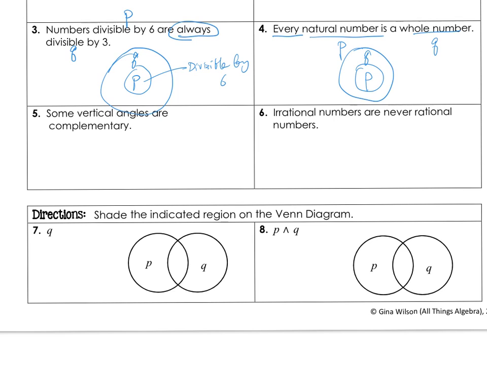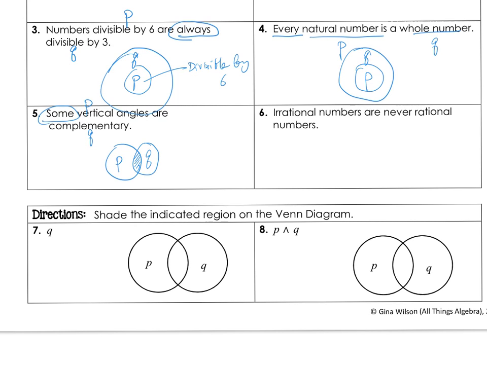Number 5, some vertical angles are complementary. So some is our keyword. If we call vertical angles P, and complementary angles Q, we can do P here and Q here. And what's overlapping there are those vertical angles that are also complementary. 45-degree vertical angles are also complementary.